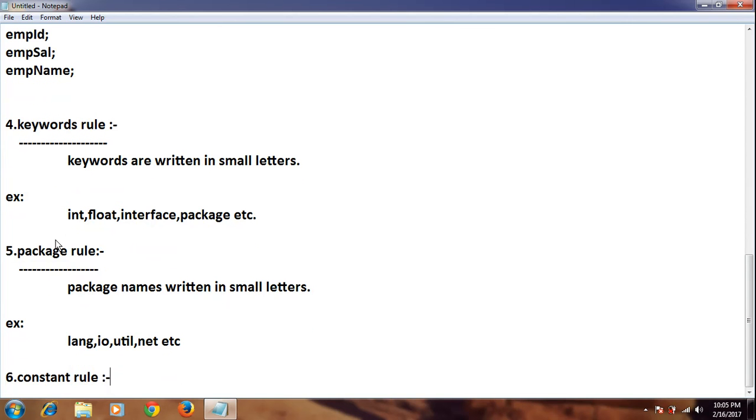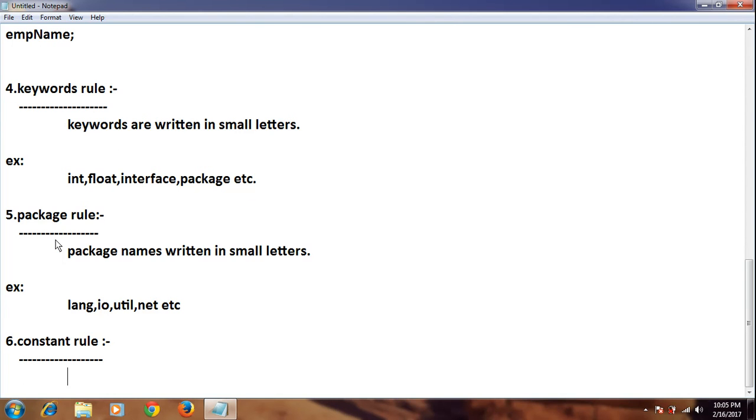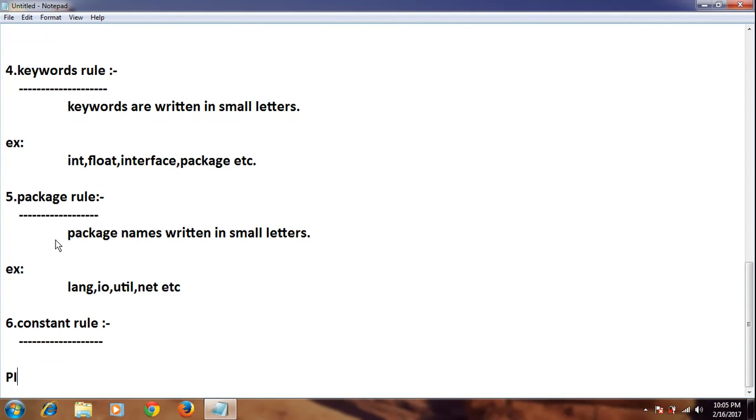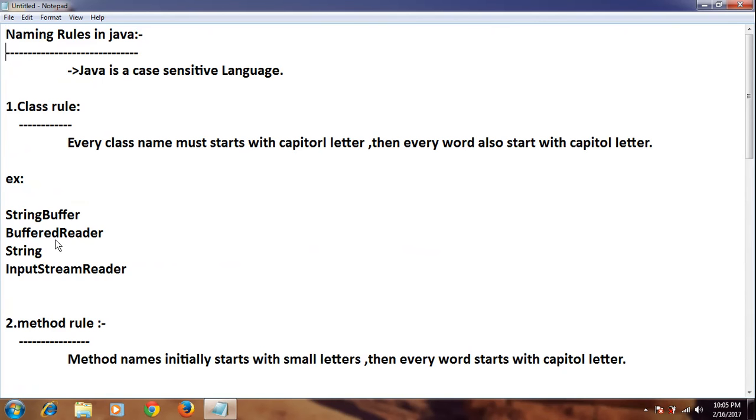Constant rule means if something is written in capital letters, that becomes a constant. For example, PI becomes a constant. You cannot change the value. So these are the six main naming rules we have in Java.